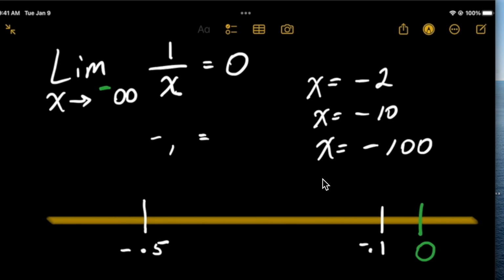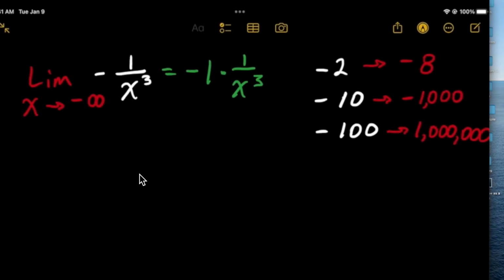When 100 goes in the denominator, we're going to have -1 over 100, otherwise known as -1/100th, and that's going to put us even closer to 0, right there. Again, bottom-heavy fraction going to negative infinity, we're moving closer and closer to 0. That's your limit.